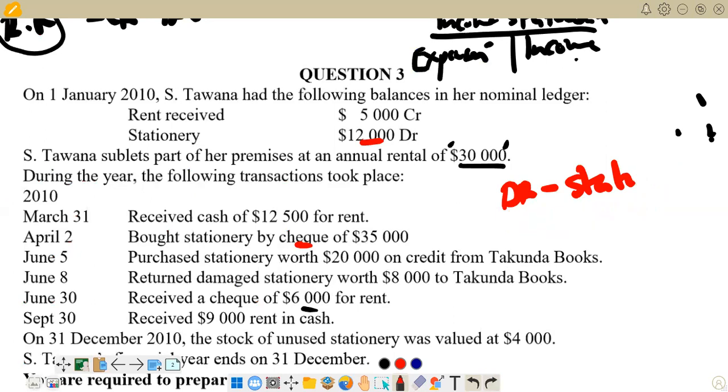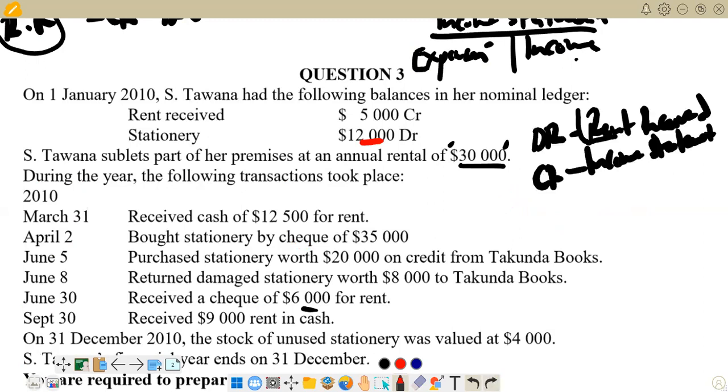Remember, at first when we bought from Takunda Books, we created Takunda Books, and now we are doing the opposite, we are debiting. So for the transaction on June 8th, we debit Takunda Books, and then we credit stationery.